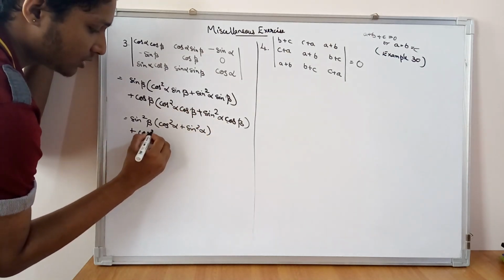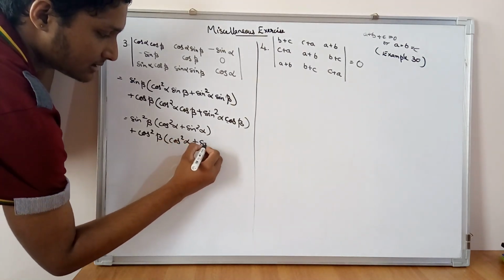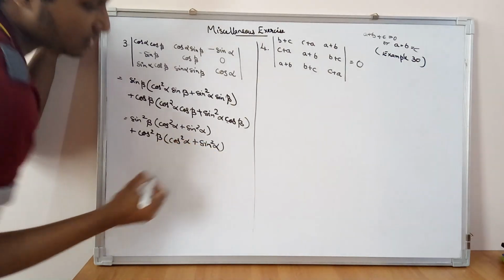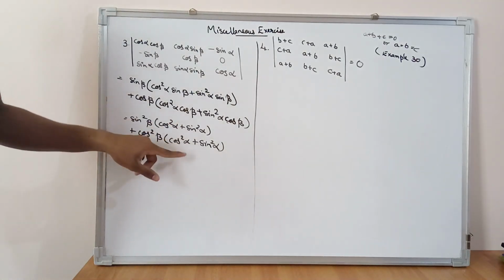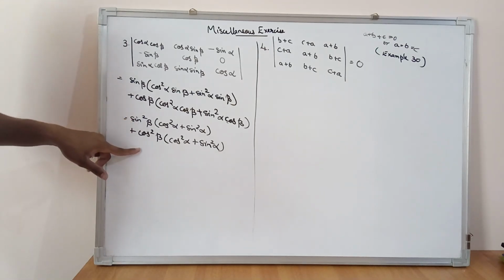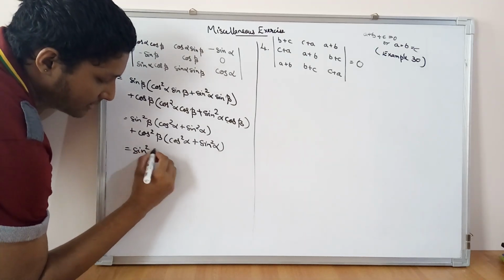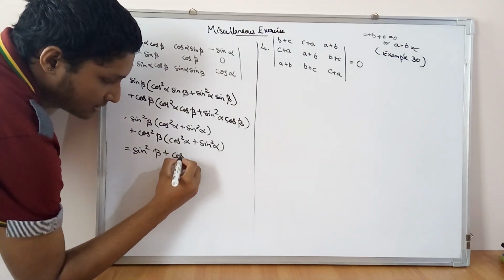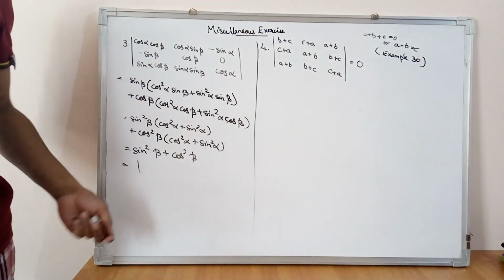So this comes to be cos square beta into cos square alpha plus sine square alpha. Cos square theta plus sin square theta is 1. Therefore, this whole thing becomes 1 here also. Then we have sin square beta plus cos square beta, this is also 1. Therefore, 1 is the answer for this.